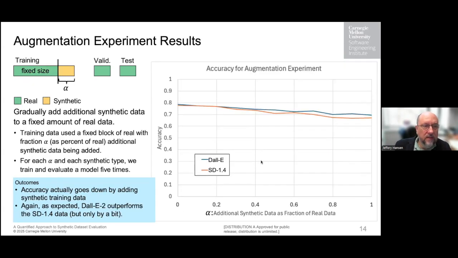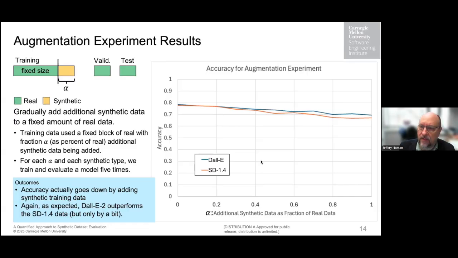The next experiment we did, which was somewhat surprising, we call the augmentation experiment. Here we have a fixed amount of real data, and we ask: if we have this fixed amount of data, can we make the model better by adding additional synthetic data?